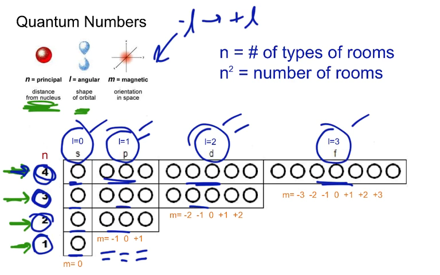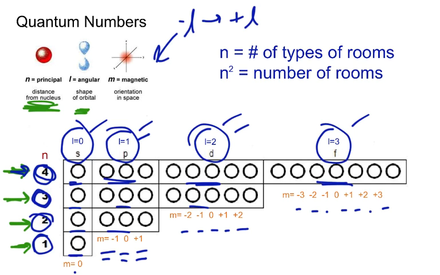When l equals 2, m is negative 2, negative 1, 0, positive 1, positive 2, 5 values, 5 orbitals. l equals 3, there are 7 possible values, that's why there are 7 orbitals. And when we have an s orbital, l equals 0, there's only one possible value for m, and so that's why there's only one orbital.